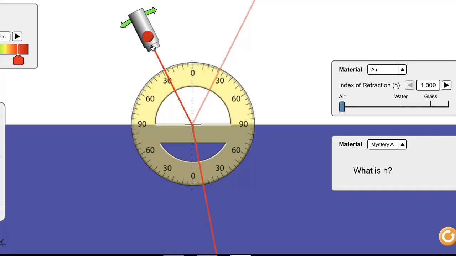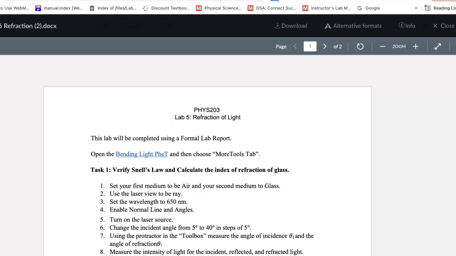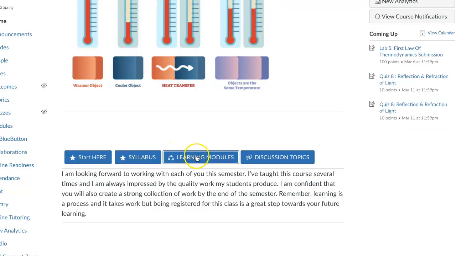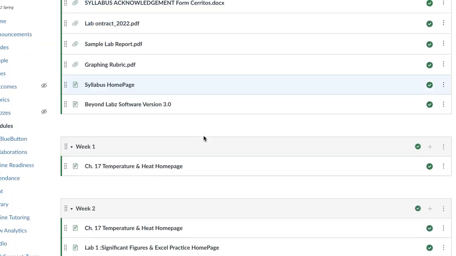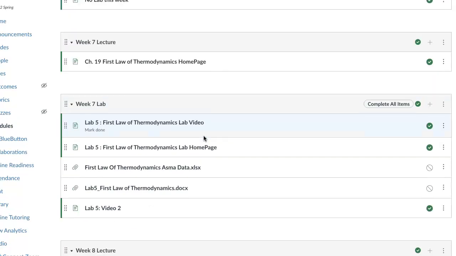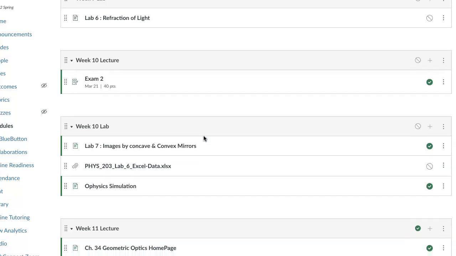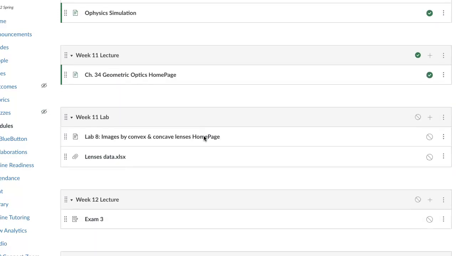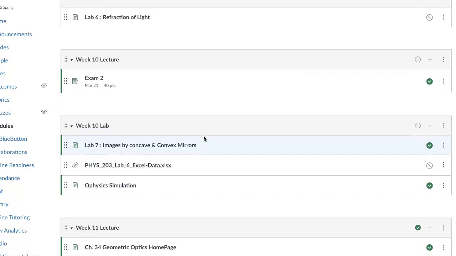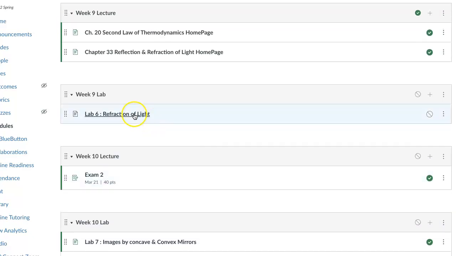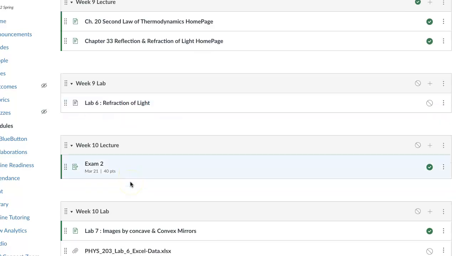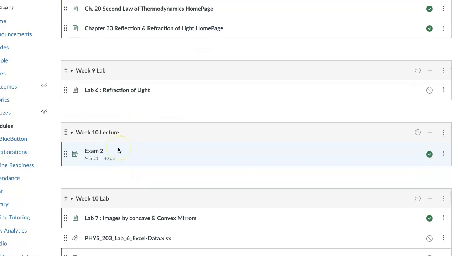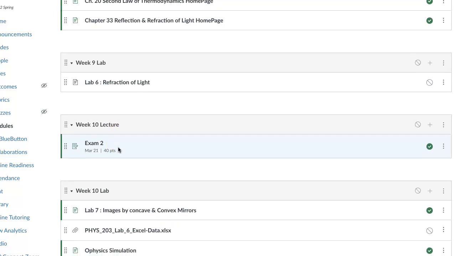Now, this lab will not be due until, okay, let me check. We are going to have it this week, and next week is going to be the spring break, all right? Then, yeah, this is the refraction of light. After the break, we are going to have the exam.